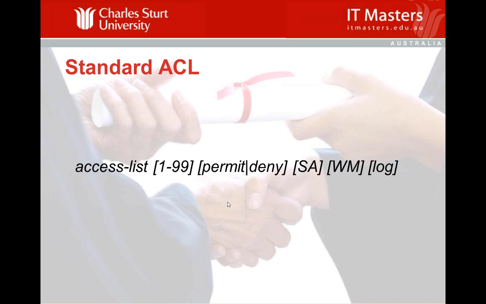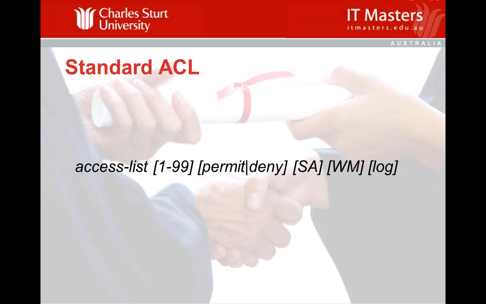If we look at our syntax for a standard ACL, we have access-list 1 to 99, remembering that's our range for standard. Permit or deny, it can be one or the other. We've got our source address, our wildcard mask, and our log.